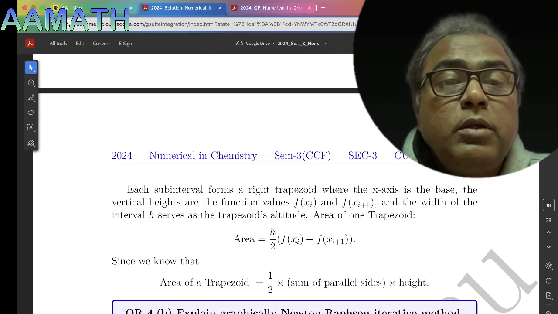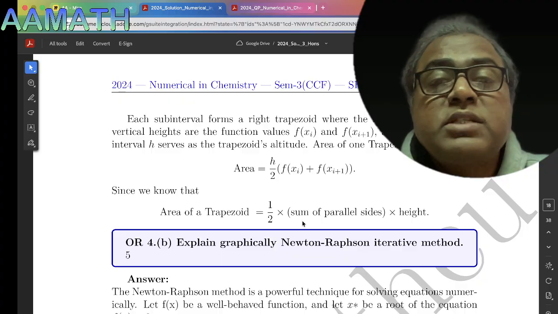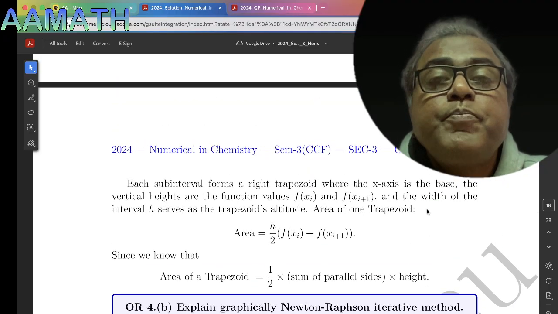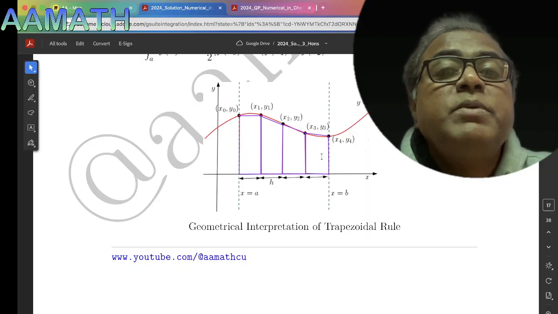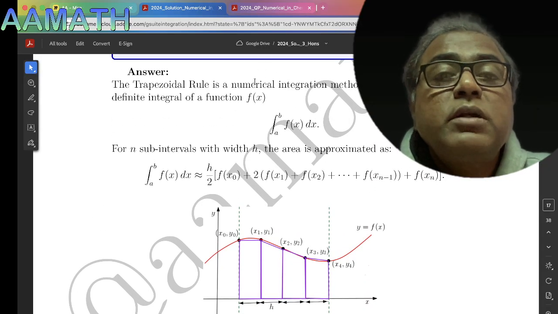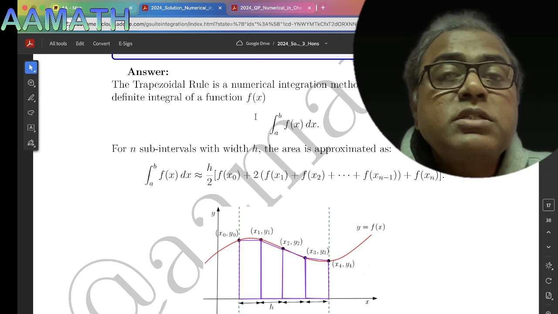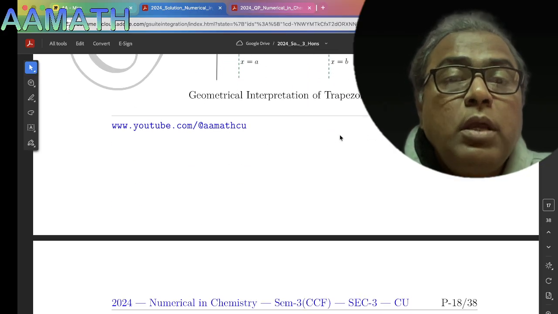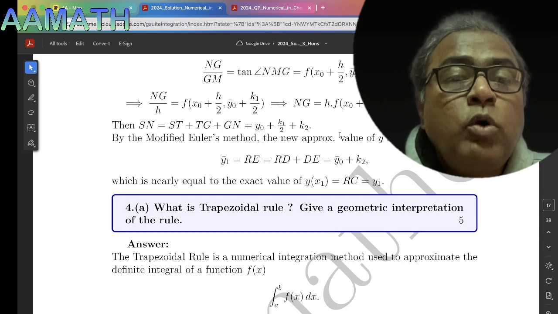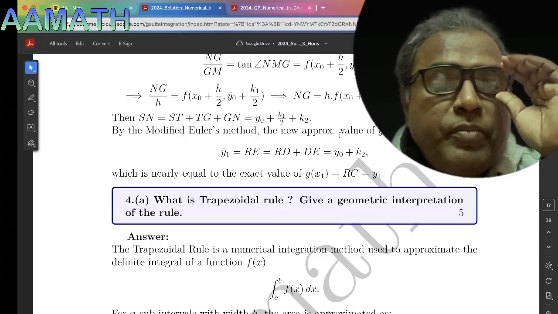This is the formula: area of the trapezium is half of the sum of the parallel sides times the height. We sum all of these trapeziums, and we get the approximate numerical integration of the integral from a to b of f(x) dx. This is up to question 4. Thank you.